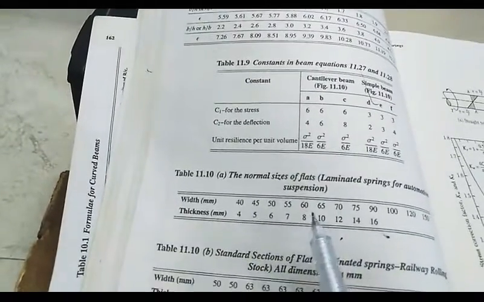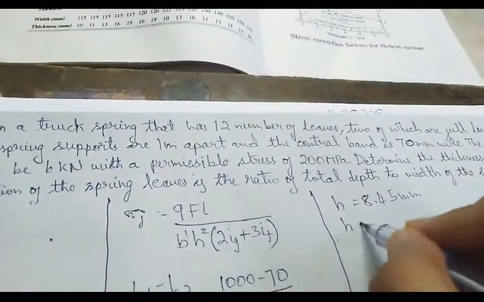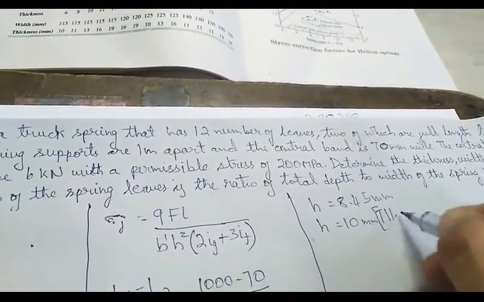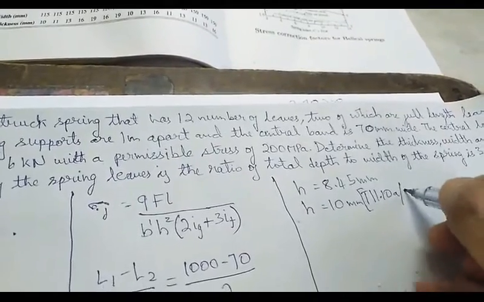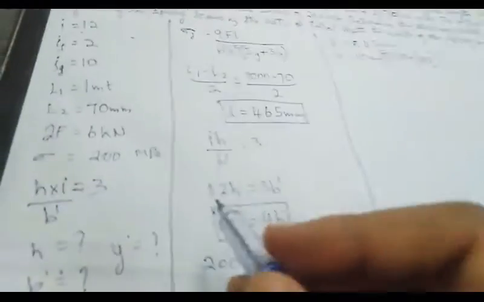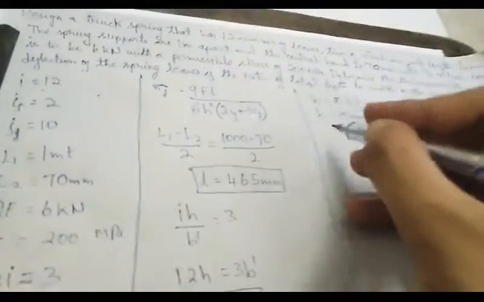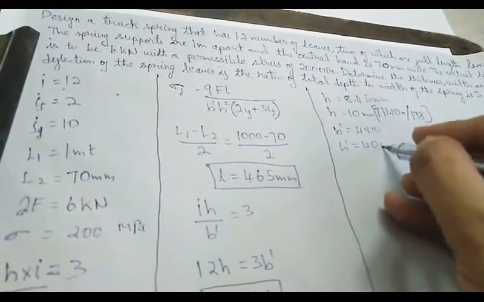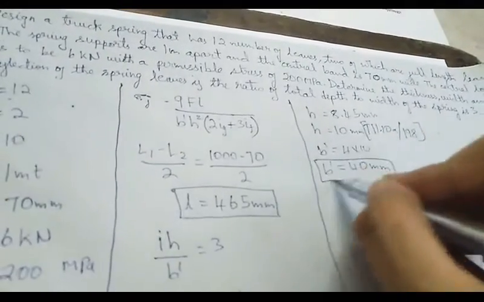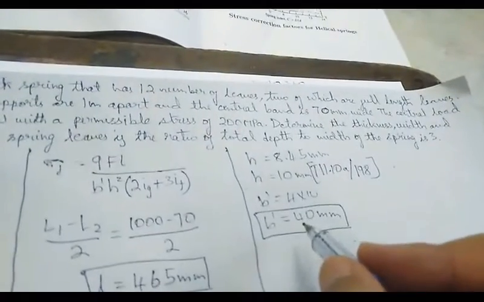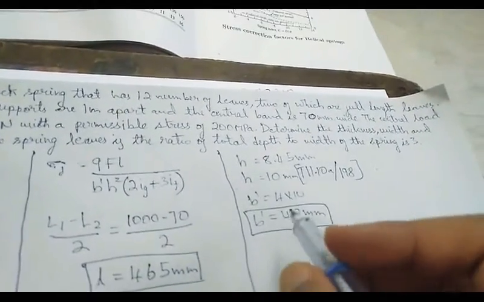We have got 8.45, so we shall take the next higher value, 10, which is equal to 10 mm from table 11.10a, page number 198. If I have the value of H, I can easily find B dash. In the data handbook the standard value is 40 and the value which we have got is 40, so no problem, we can proceed with this value.